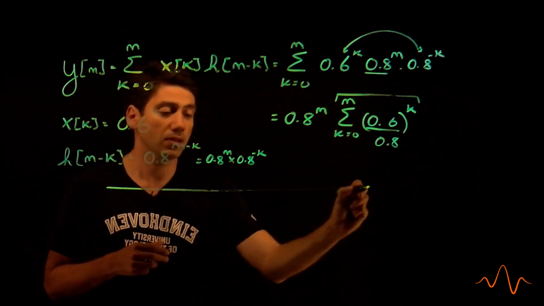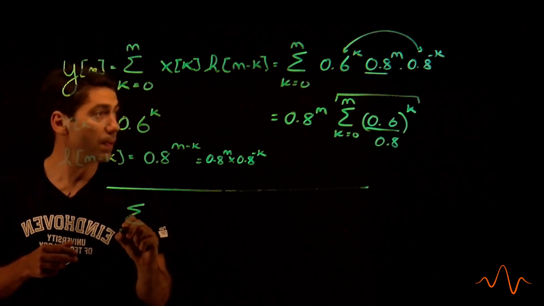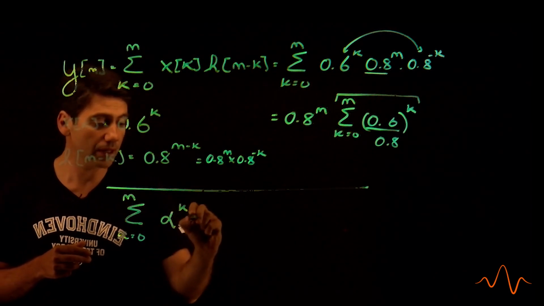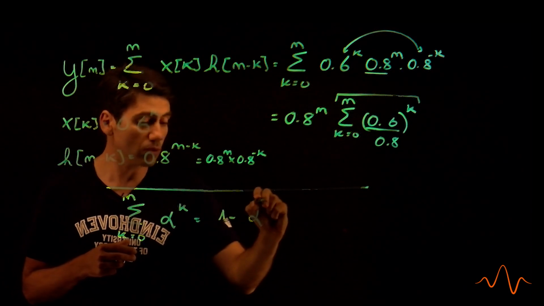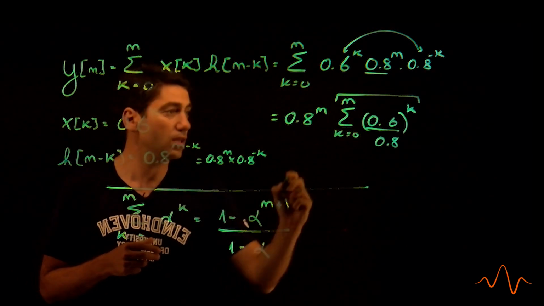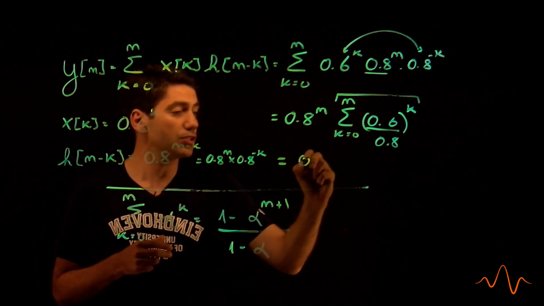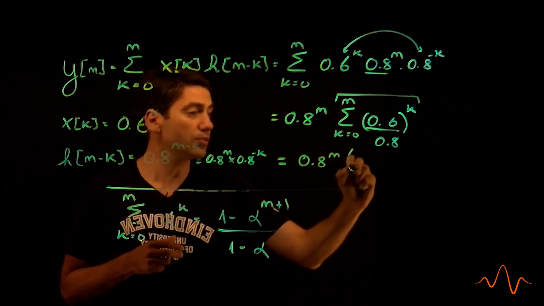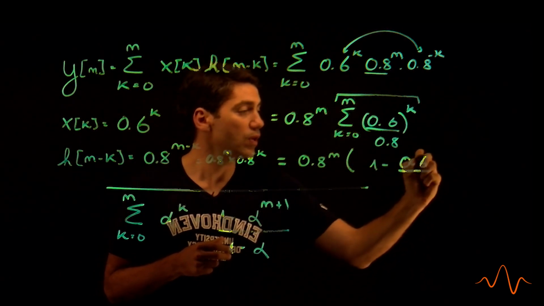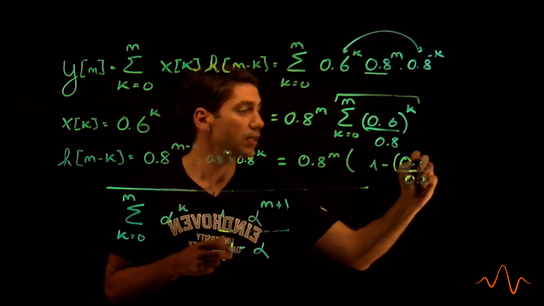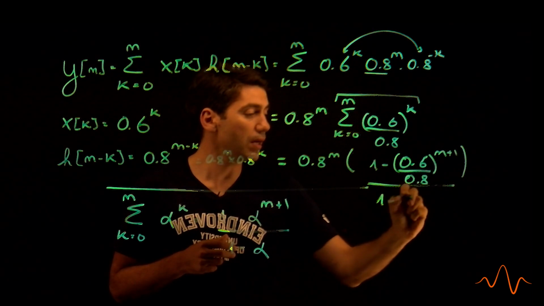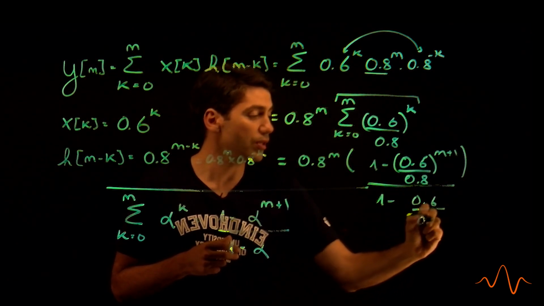I can write it here. The sum from k equals 0 until n of alpha to the power of k is 1 minus alpha to the power of n plus 1 over 1 minus alpha. So basically we end up with 0.8 to the power of n times 1 minus 0.6 over 0.8 to the power of n plus 1 over 1 minus 0.6 over 0.8.